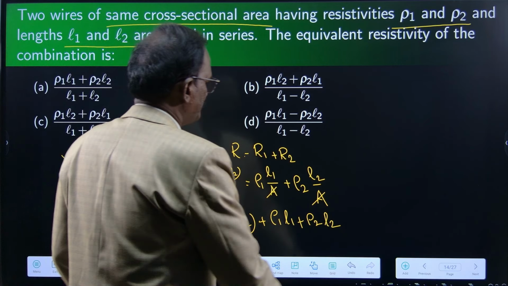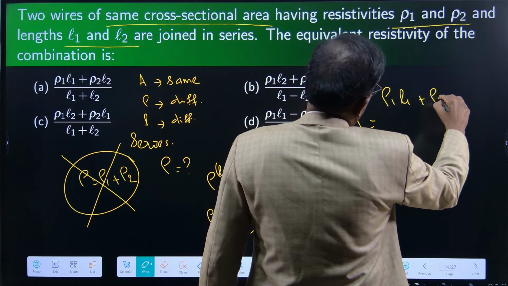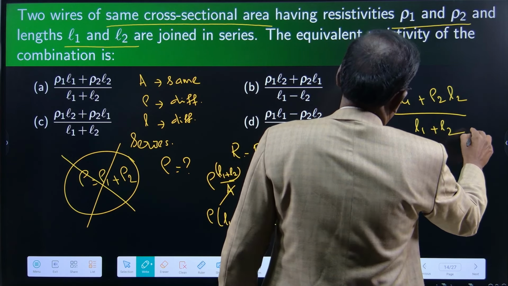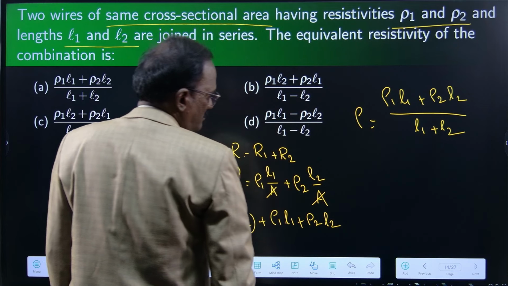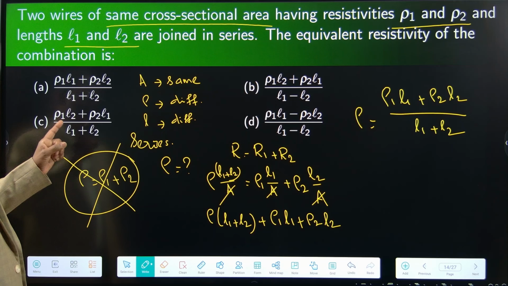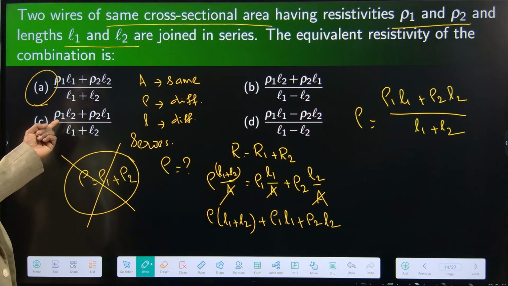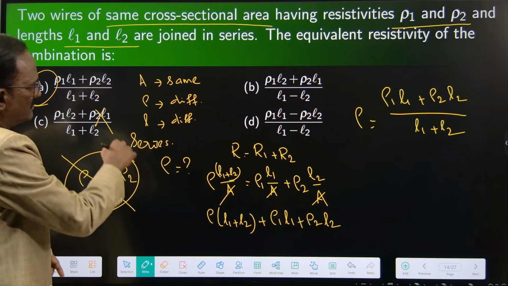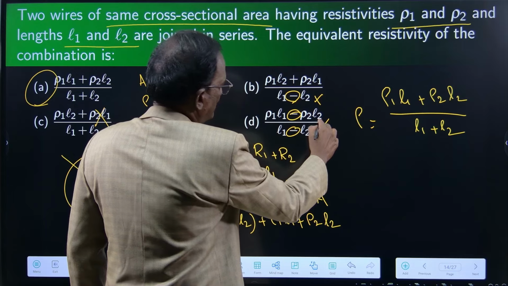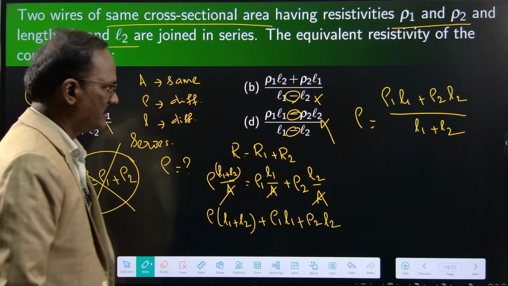So we need rho. Rho is equal to rho 1 L1 plus rho 2 L2, cross multiplying, we are getting L1 plus L2 in the denominator. Rho 1 L1 plus rho 2 L2 by L1 plus L2. Option A. Here it is rho 1 L2, this is minus sign, yes. So option A is right. Rho 1 L1 plus rho 2 L2 divided by L1 plus L2.